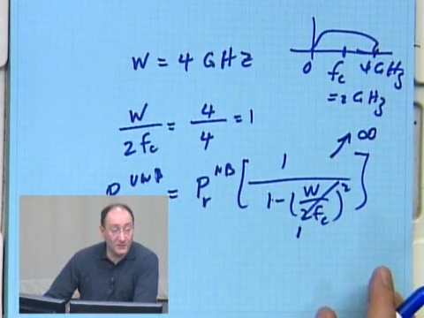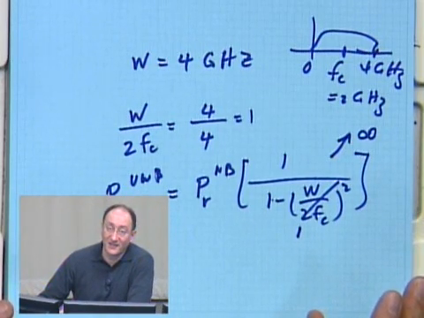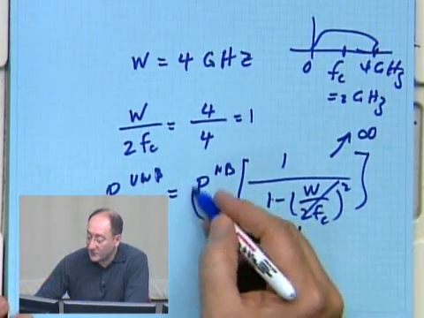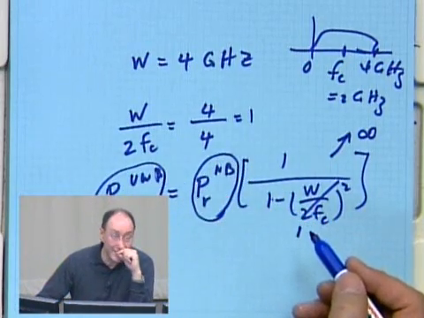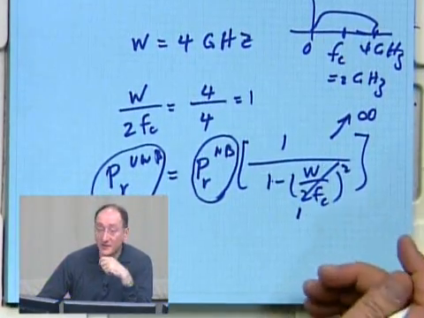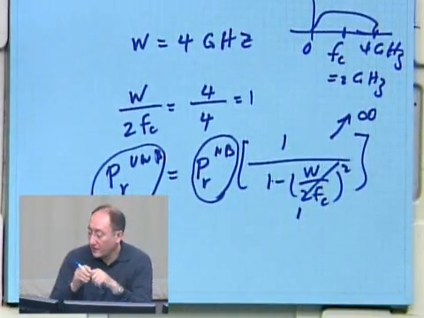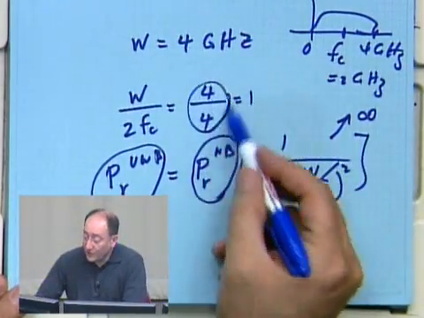So with ultra-wideband, I have more efficient communication. With the same average power, the ultra-wideband power is going to be much more. So that's one of the incentives in there. But this 4 over 4 never happens.